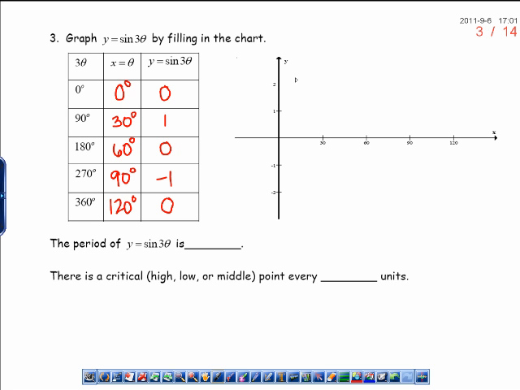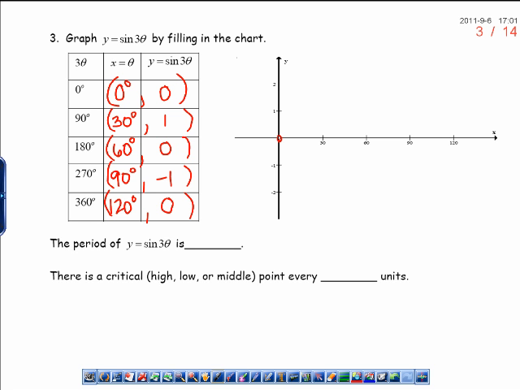Again, this is probably easier to see as a visual, so let's plot these points. Go ahead and put your parentheses in. That 3 theta column was just there to help us along and figure out what values to start with.